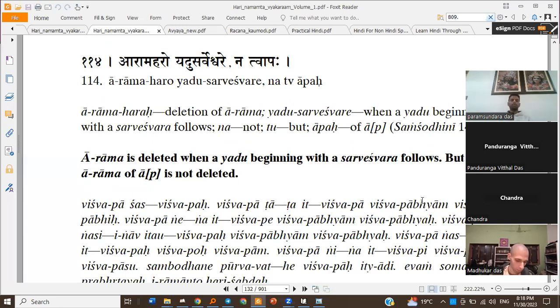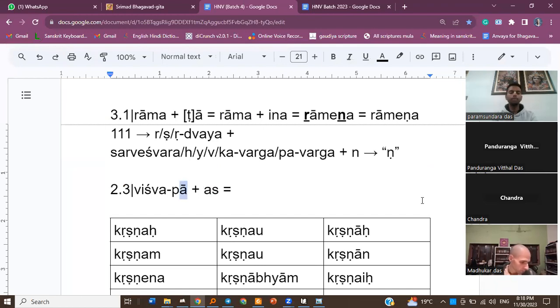So here we have this Arama and we have this Yadu beginning with the Sarveshwara following. So we delete this A. We combine it and then Sa becomes Vishnu Sarga. So Vishwapaha.